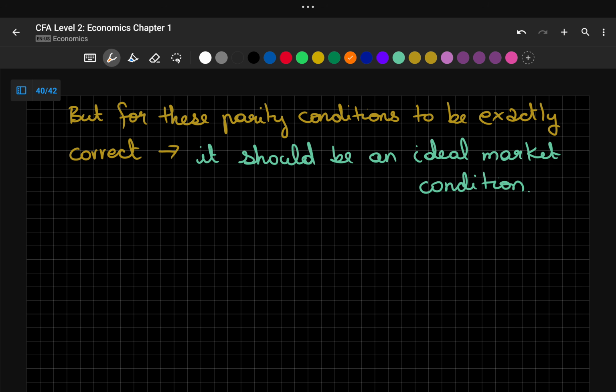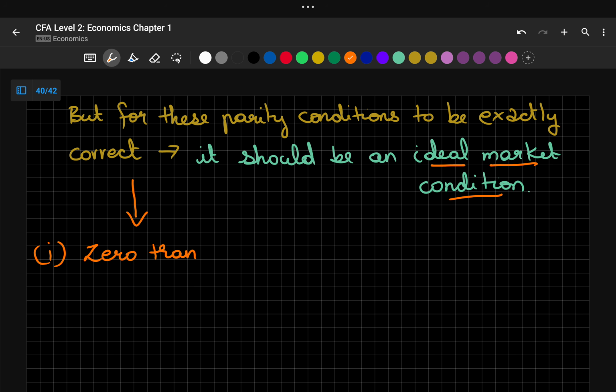All these five parity conditions will give us some formula, and for that derived value to be exactly correct, we are considering an ideal market condition. That is a market condition where there is zero transaction cost involved, because we are dealing with a currency pair, right?